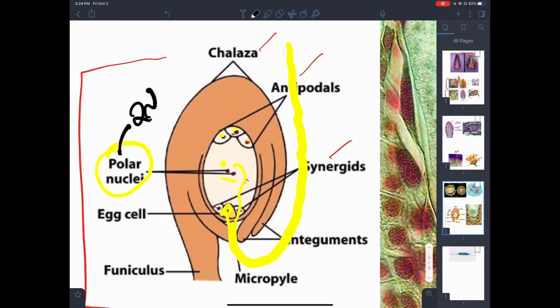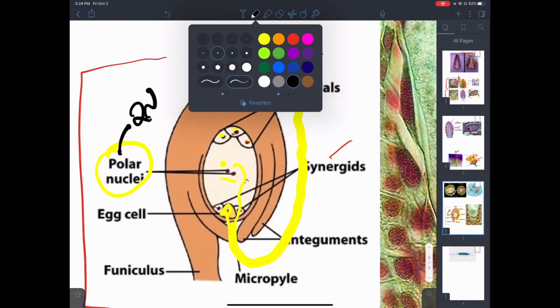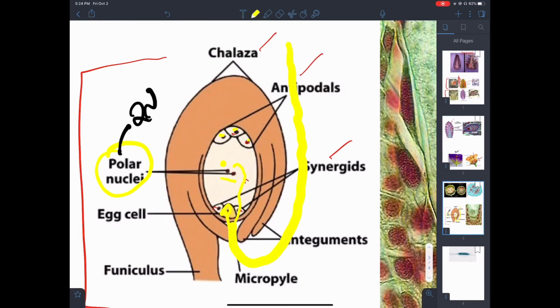So when the pollen tube comes in, and the sperm fertilizes the polar nuclei, you wind up getting a tissue in here that is 3N, or triploid. And that tissue begins to develop through mitosis to produce what we call the endosperm.